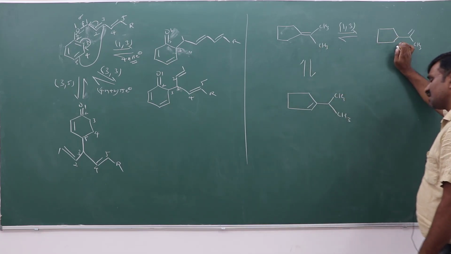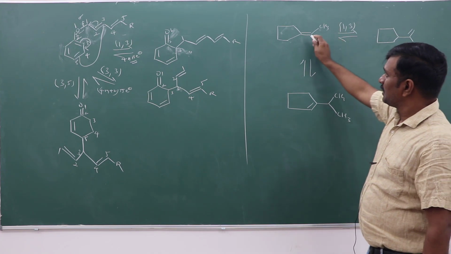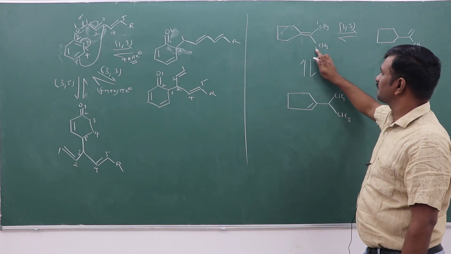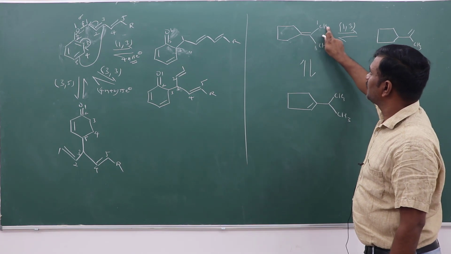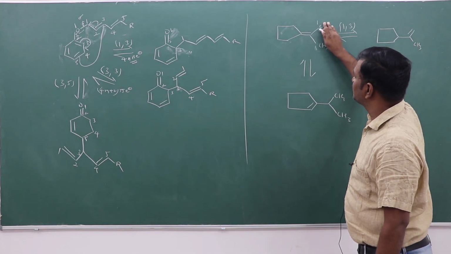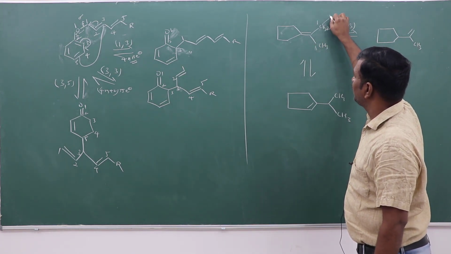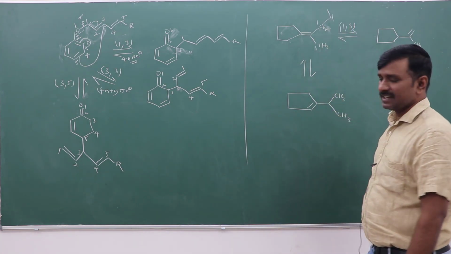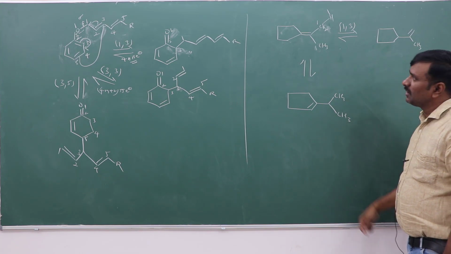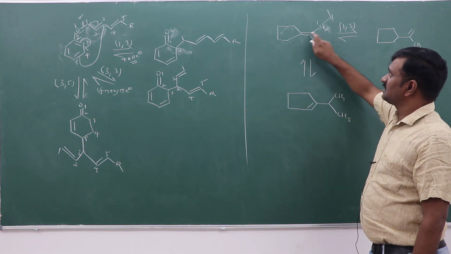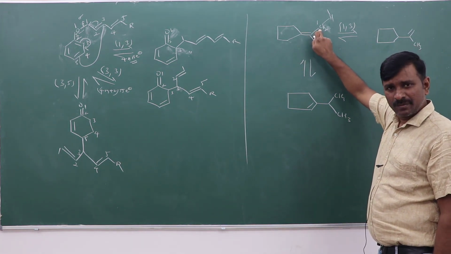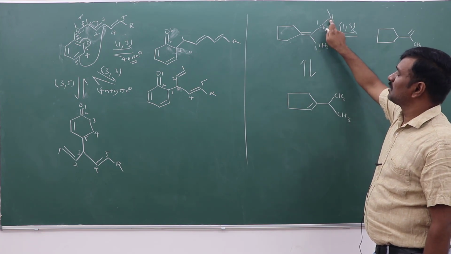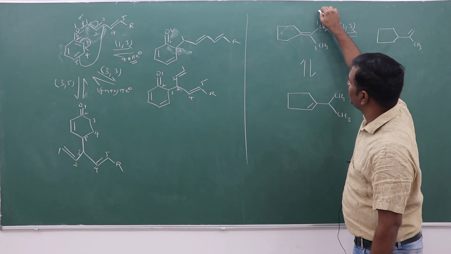Check whether this formation is possible or not. See, listen. With respect to the unsaturation, these two are the saturated positions, right? So you can take the saturated position CH2 and another one, hydrogen, CH3. With respect to the unsaturation, this is the saturated position, alpha position, right? The sp3 position, the attached sigma bond, you can select as the migrating sigma bond.